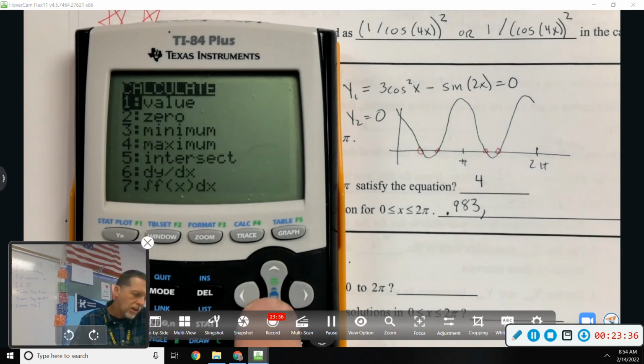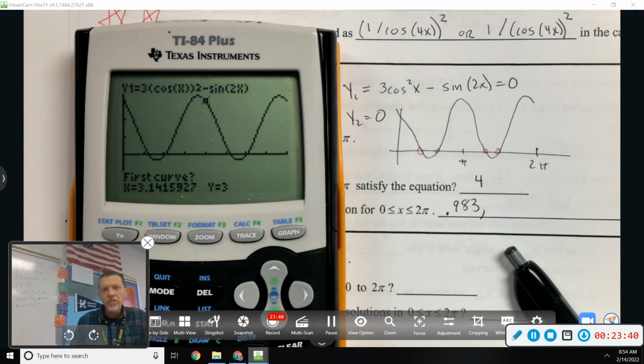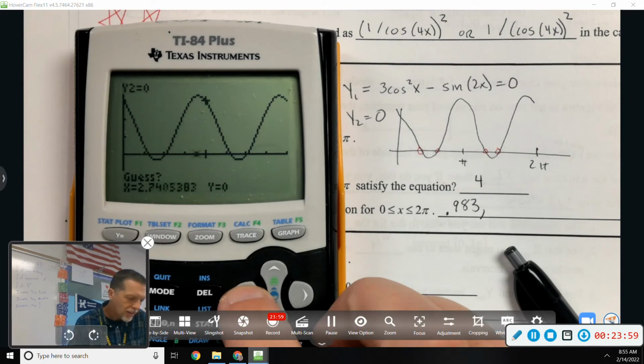So second calc, intersect. Again, first curve, second curve, but those default to the right things. If you've only got 2 curves in there, it's not a problem. Later in calculus or later in math, if you've got 7 curves in there, then you be careful. Am I looking for y3 and y5 or y2 and y6? We only got 2, so we don't have to worry about it. First curve, second curve, guess.